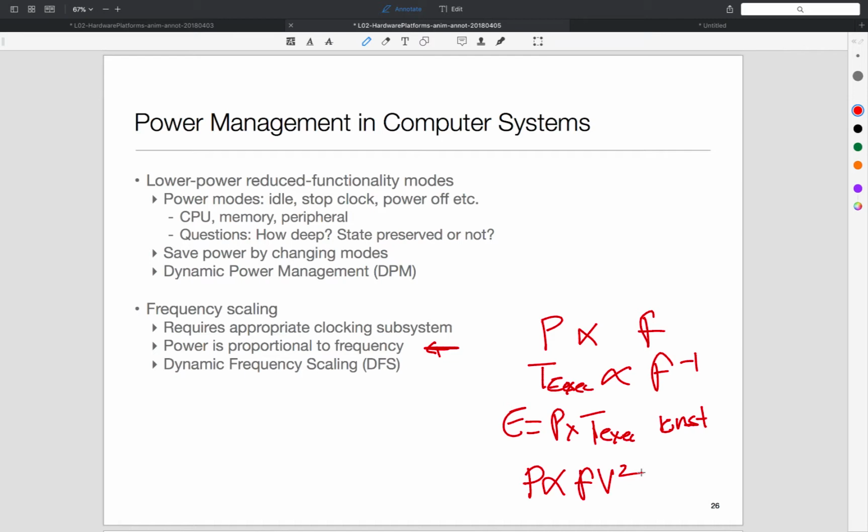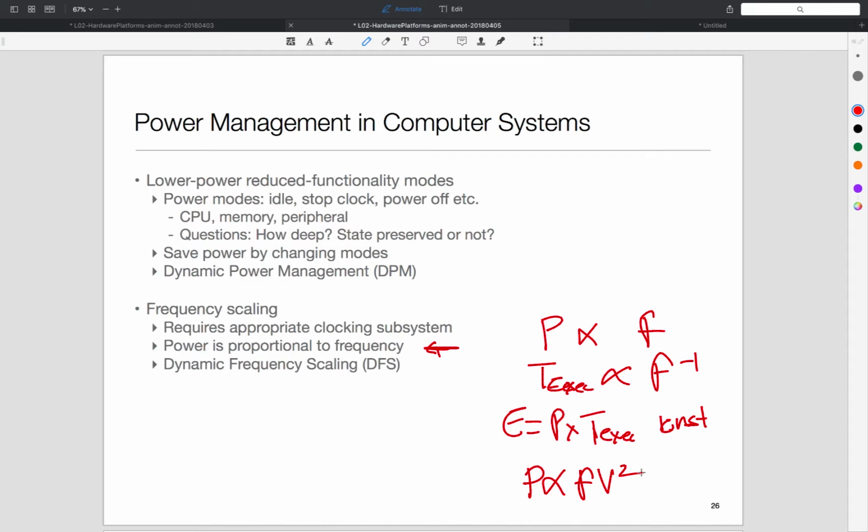Every circuit for a given voltage is going to have a maximum frequency at which you can operate it before it begins to fail. Beginning to fail means that it no longer does its job correctly, so errors start to happen.